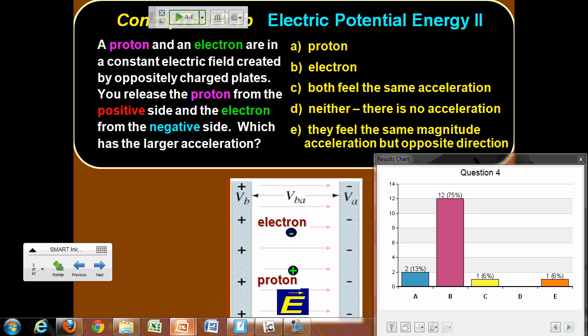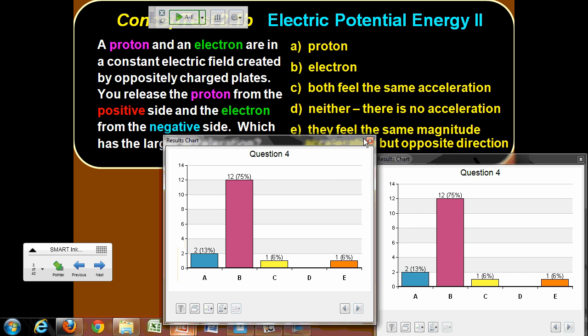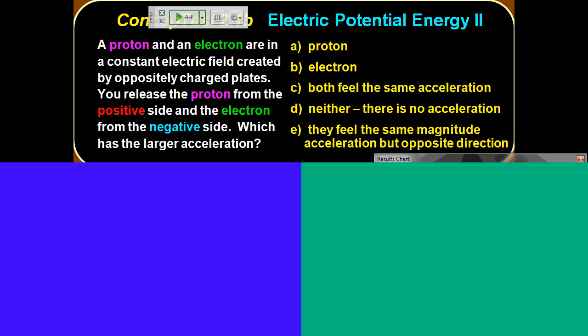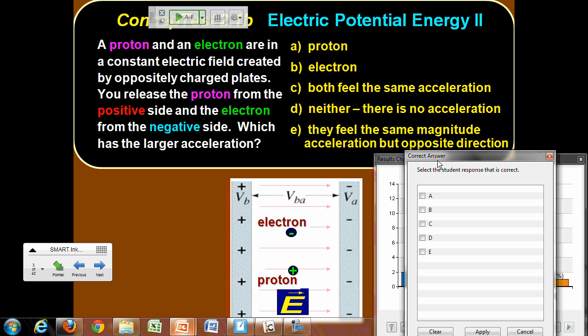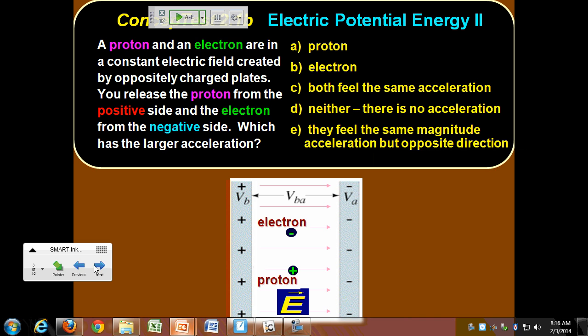B is right. Why does the electron have a larger acceleration? Right. It has a smaller mass. So F equals ma. What was the answer? It was B. So small mass gives me a large acceleration, given the same force.